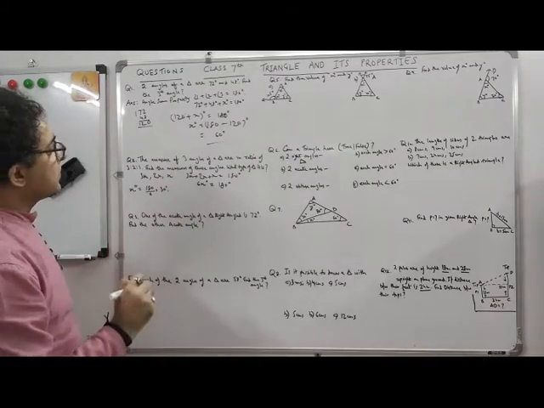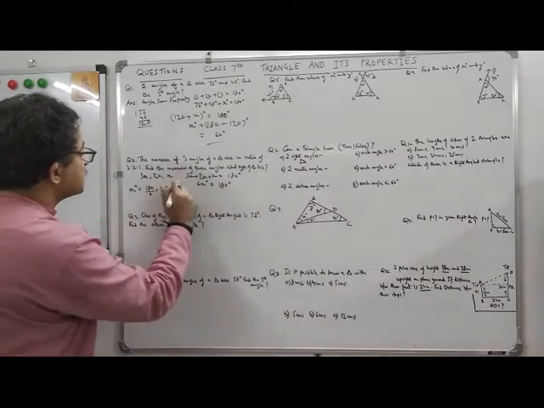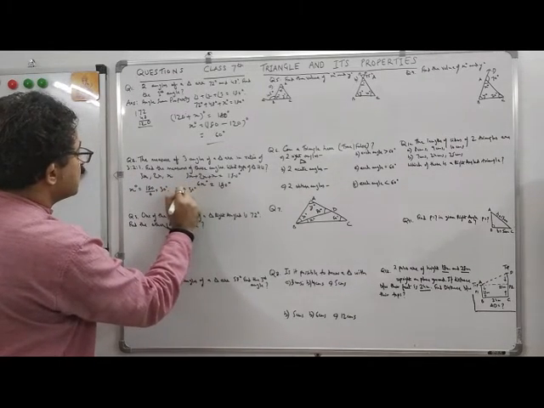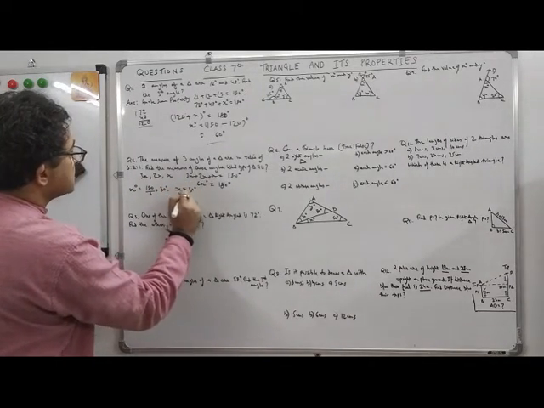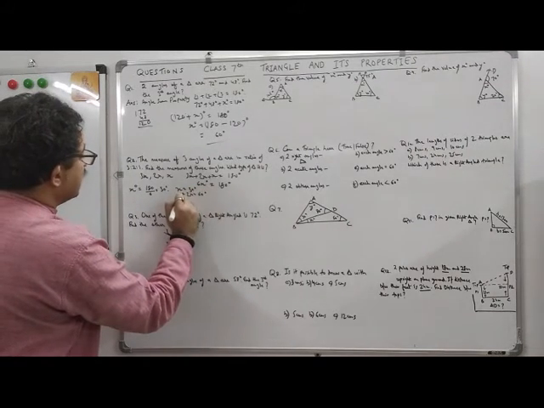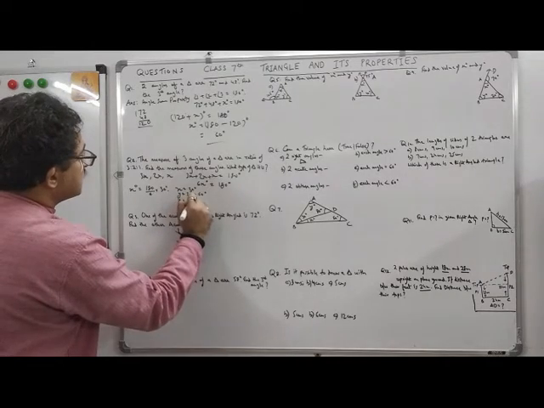So find the measure of these angles, it was asked. x is how much? x is equal to 30 degrees. Let this be y, which is equal to 2x, which is 60 degrees, and z is equal to 3x.